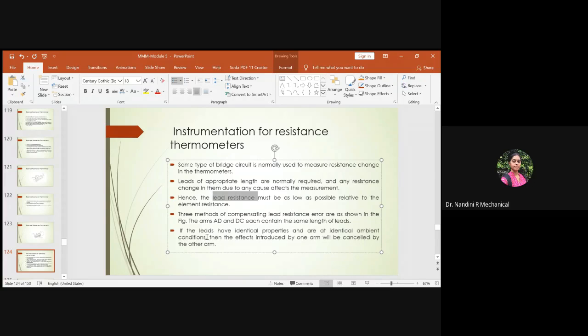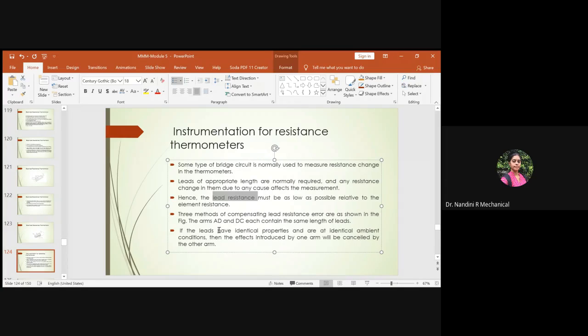So what happens if you have two lead wires connected? If both lead wires are made up of the same material, then they will have the same physical properties. So when subjected to temperature, they show the same variation in the ambient condition.